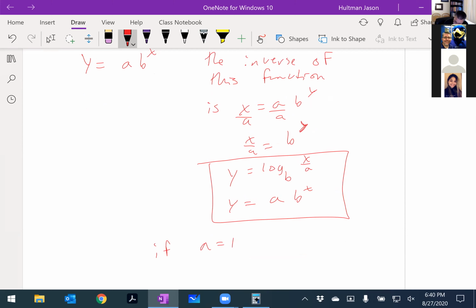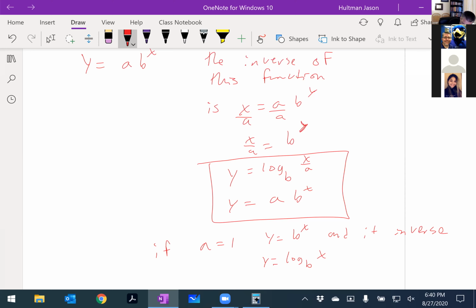Then we just get y equals b to the x, and its inverse, y equals log base b of x. These are inverse functions. They undo each other.